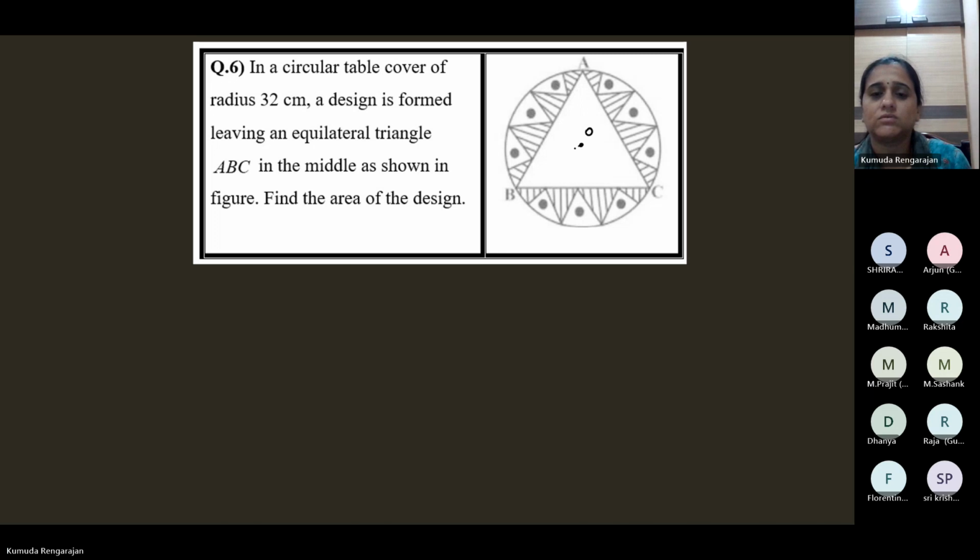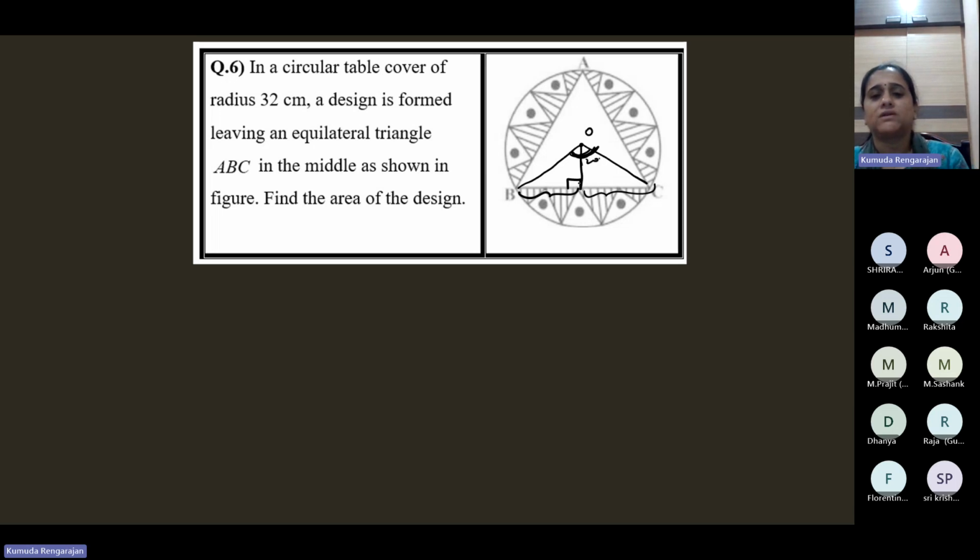Drop a perpendicular from the center to the chord. It bisects the chord, so this one is equal to this one. And now this angle is 120, no?